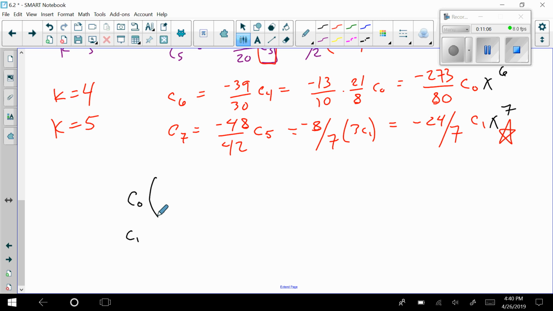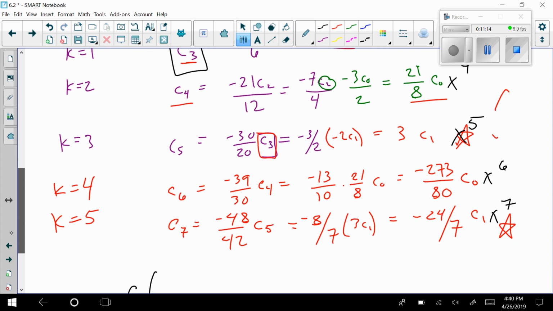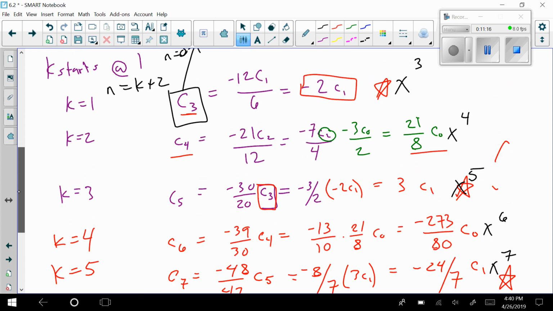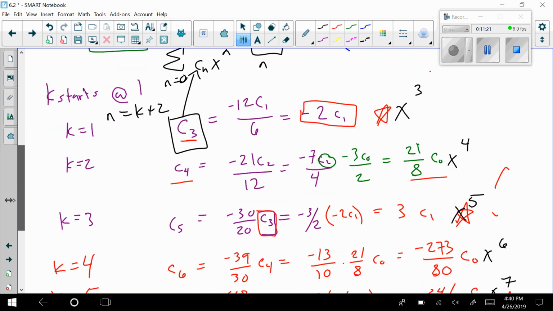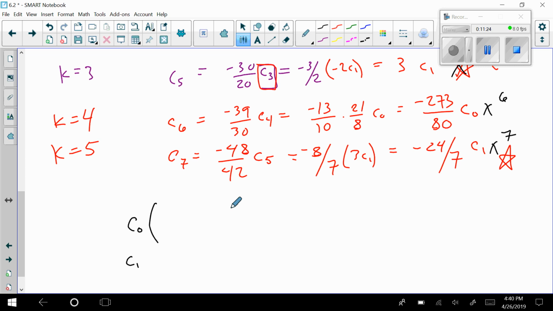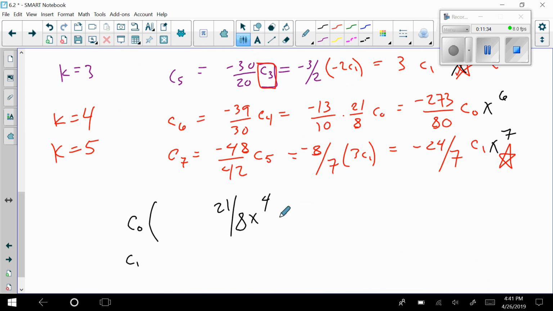Well, let's group all the C naughts together. So if I start with the C naught, I have this 21/8, yeah, 21/8, I see that one, okay? And that was x to the 4th, right? Now, we also have minus 273/80ths x to the 6th.